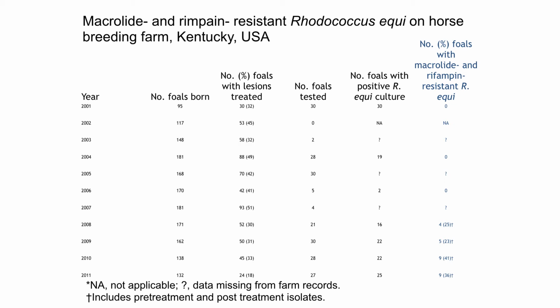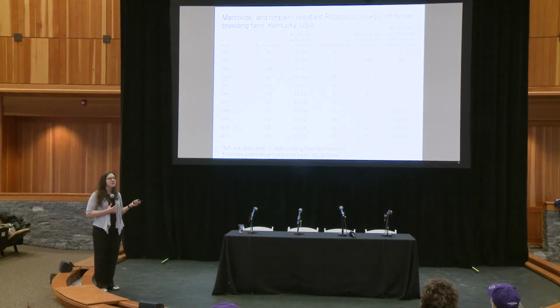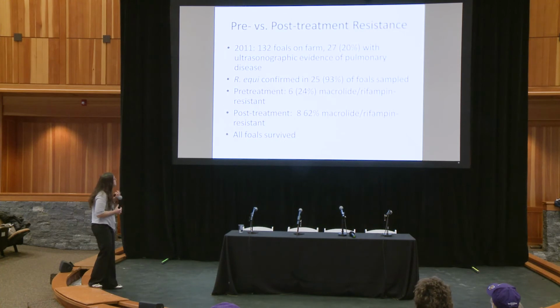And then in the bottom right, starting in 2001, they had no foals with resistant isolates until we get down to 2008. And then they have 4, which was 25%, 23%, 41%, 36%. So they started seeing these isolates, and there were none between 2001 and 2007. And all of these foals were having ultrasound screening done and then started on antibiotics if they noticed abscesses.